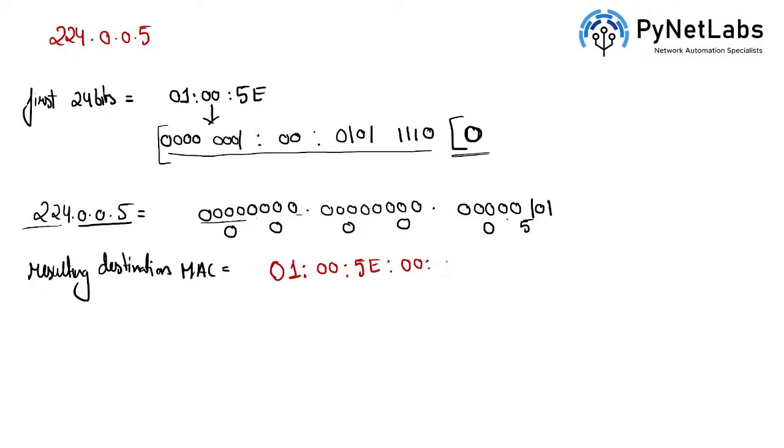So 0, 0, again 0, 0, then we have 0, 5. This will be the resulting destination MAC address, and this is how exactly we map multicast IP addresses to a particular MAC address, according to the IP they make the decision. This is the basics of the mapping part, how the mapping will be done.